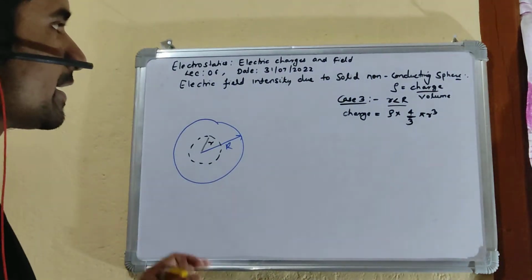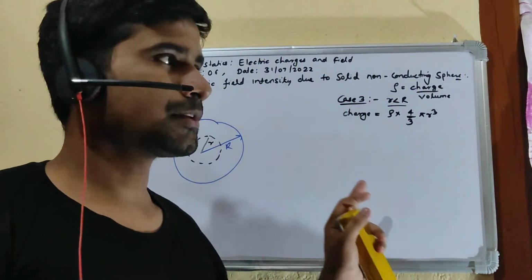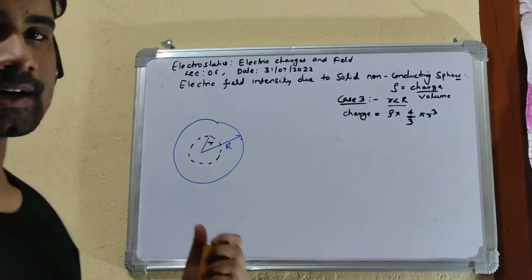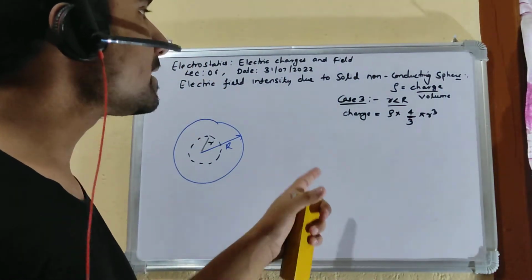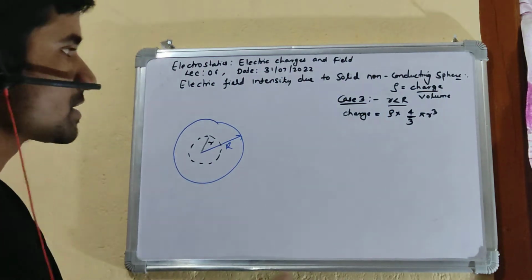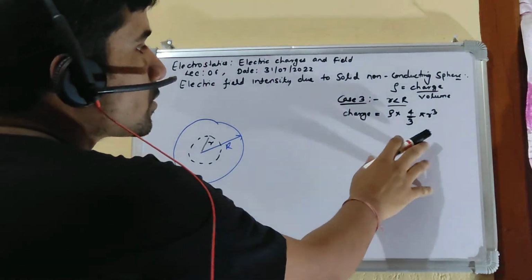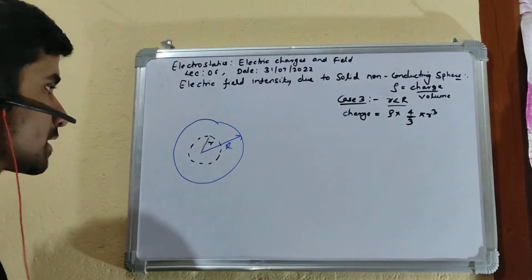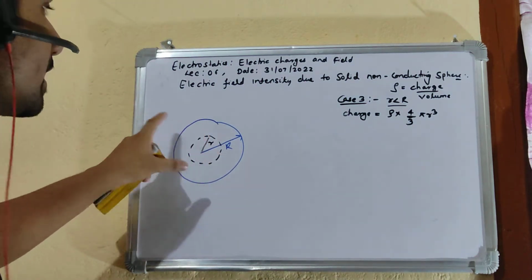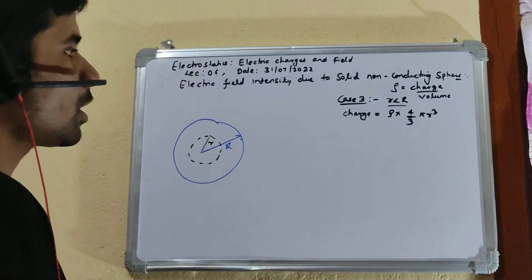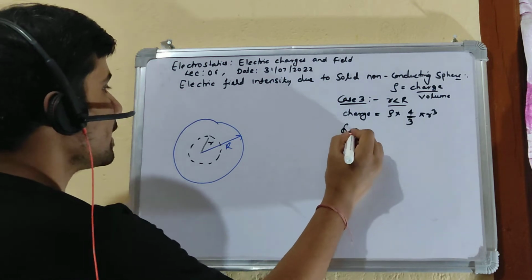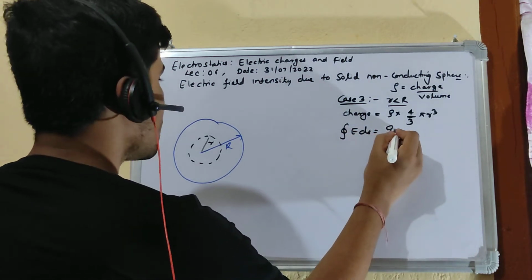Right. So we are discussing the case where the point lies inside this non-conducting sphere, which means r is less than R, right? So charge is nothing but charge density into volume of the Gaussian surface, because this is only the charge enclosed and not the full sphere, right? Now applying Gauss law, integral E dot dS is charge enclosed by epsilon naught.